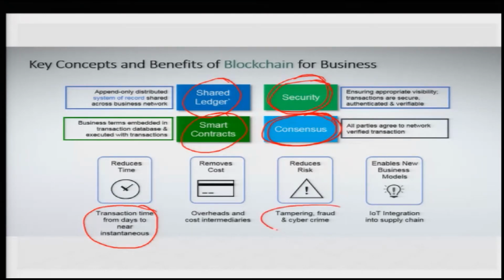Tampering, fraud and cybercrime can reduce if you design it correctly. Tamper resistance is certainly a property of the blockchain, but fraud and cybercrime can probably only be reduced because of the transparency that you get. So fraud is harder to carry out, and cybercrime also the same way. But again, I want to caution that these things do not come for free just by virtue of being a blockchain; they have to be properly designed into the system.